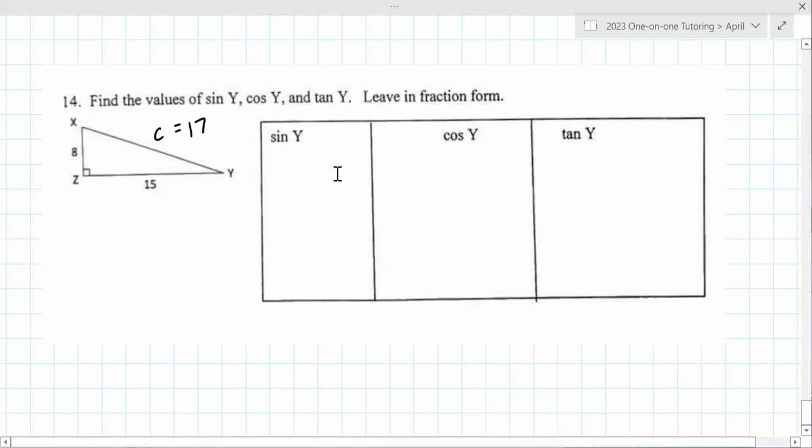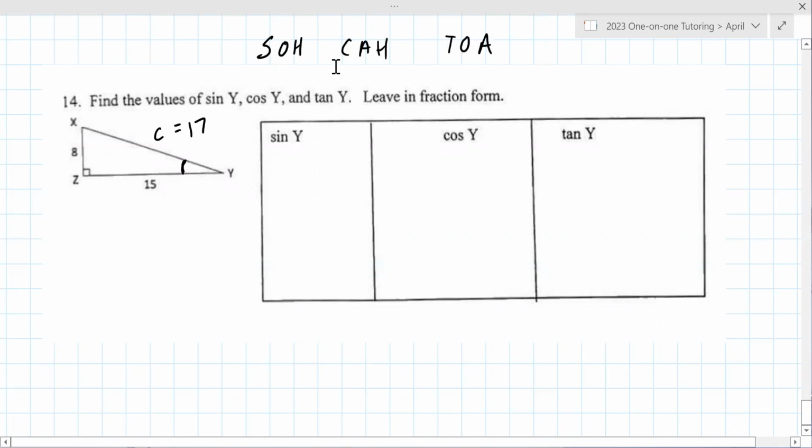Okay. Sine, cosine, and tangent. Sine of y. Y is an angle, so y really represents the degree measure here, which we don't know what it is. We could figure it out, but not in this problem. There's this acronym you might have seen.